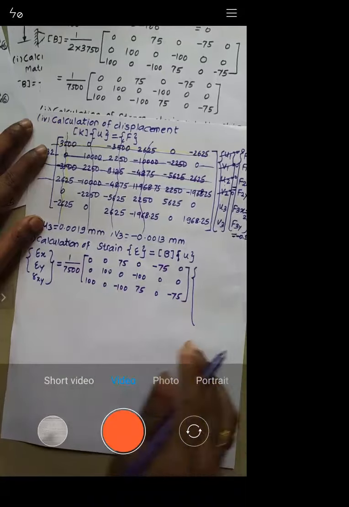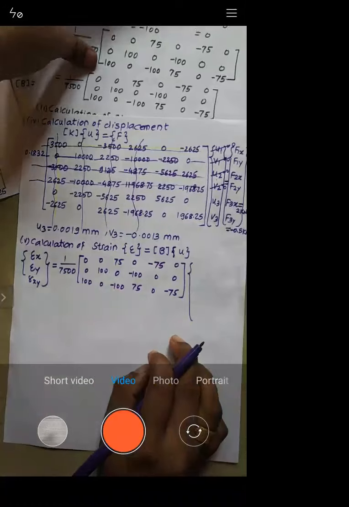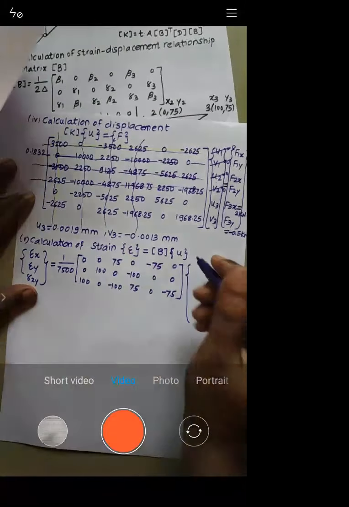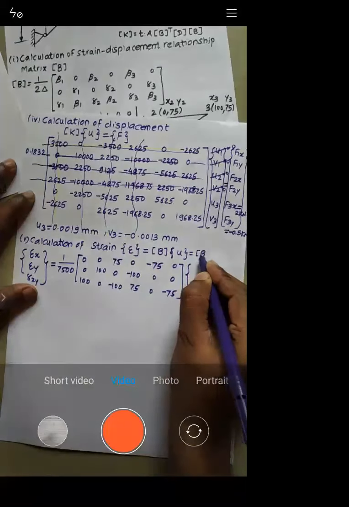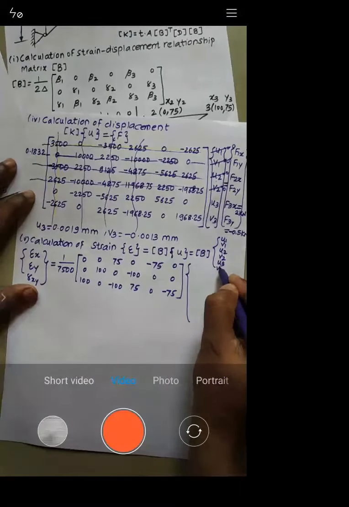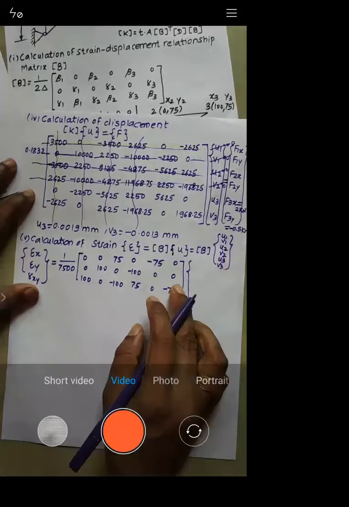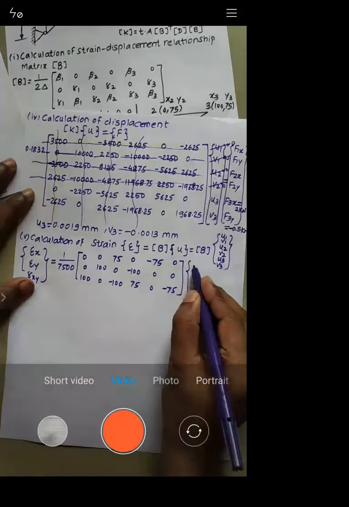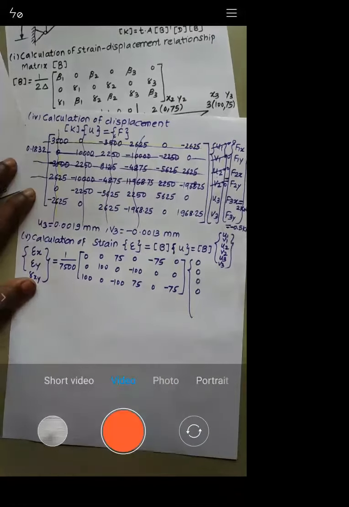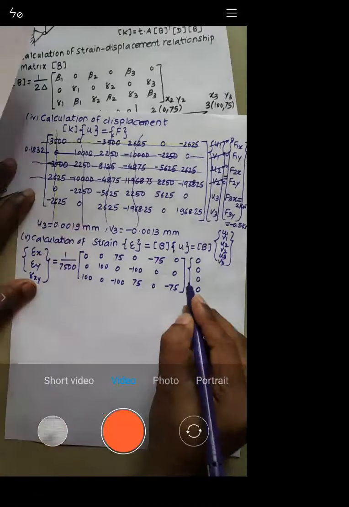Yes or no? This is our matrix B, into displacements. And what are the displacements? This is equal to B into U1, V1, U2, V2, U3, and V3. So U1, V1 are 0. U2, V2 are 0 only. And what U3 have you calculated?